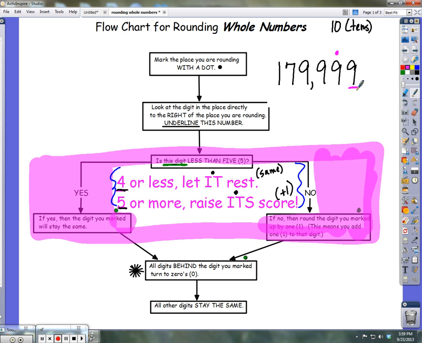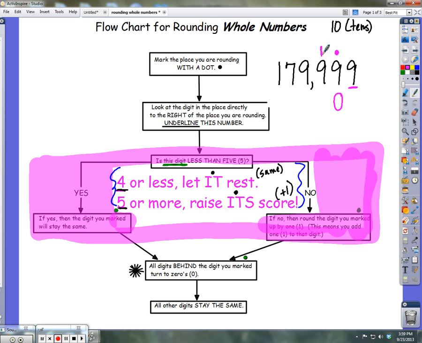Now, the underlined digit is a 5 or more, so we're going to raise the dotted one's score. But here's the problem. When you add 1 to 9, you get a 2-digit number, 10. You cannot put 2 digits into one column. So what you would do, just like in addition, is put down the 0, carry the 1 to the next column to the left.